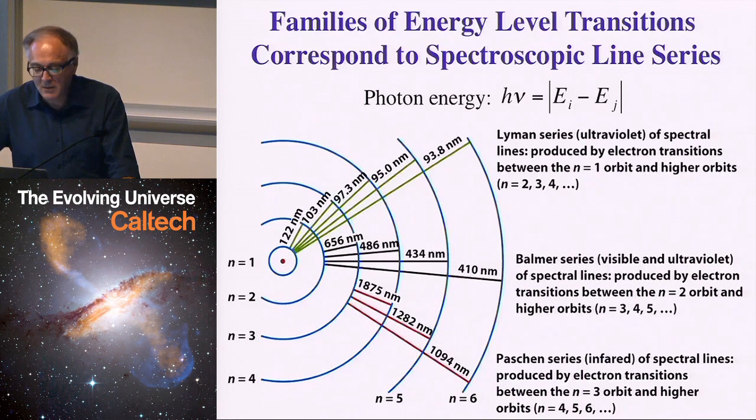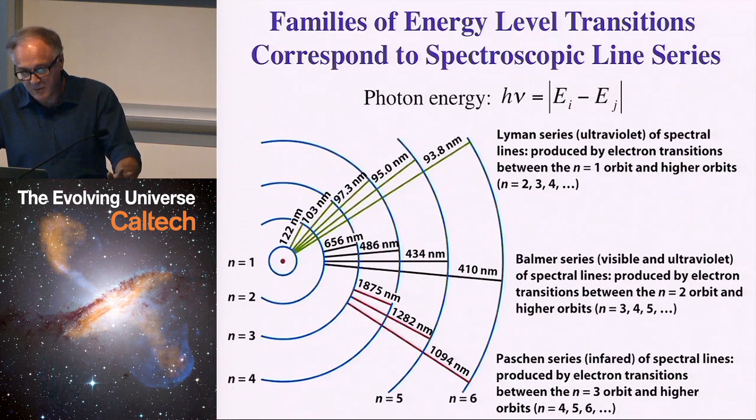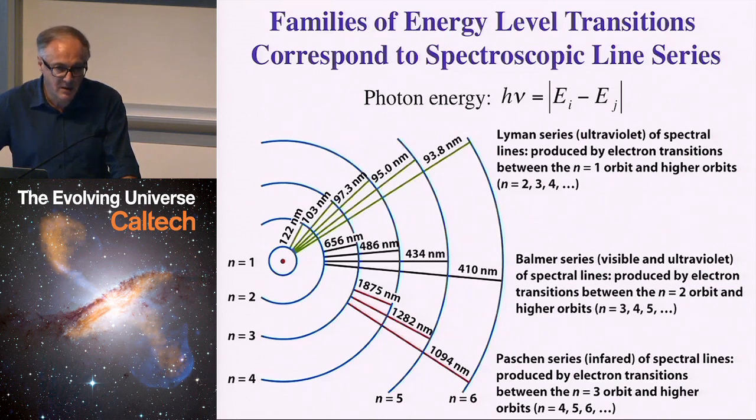The one that goes to or from the first level is called the Lyman series, and it's important for cosmological studies because objects far away are so redshifted that we can see their ultraviolet light. The one that's most frequently seen is the Balmer series, which is to and from the second level of the hydrogen atom. And then there's Paschen and Brackett and so on.